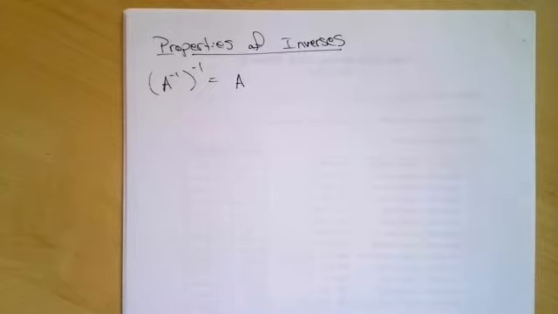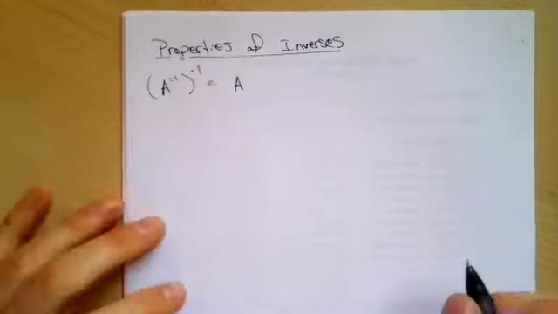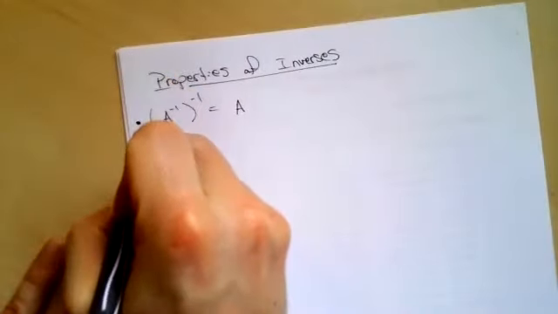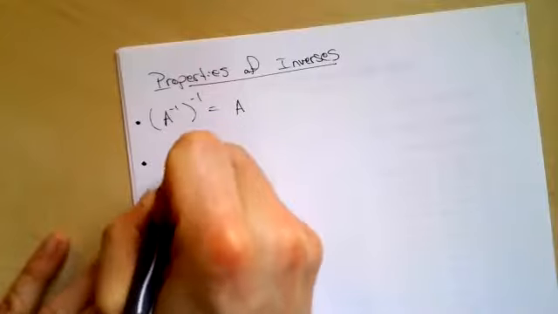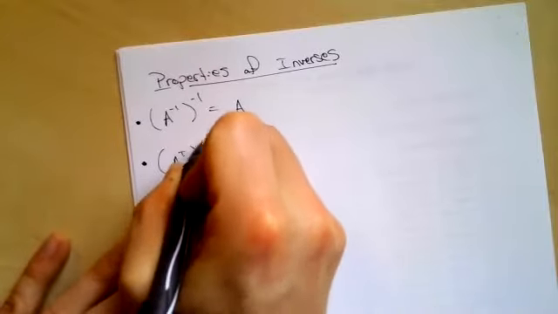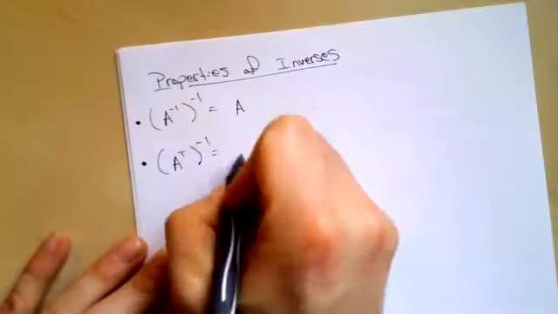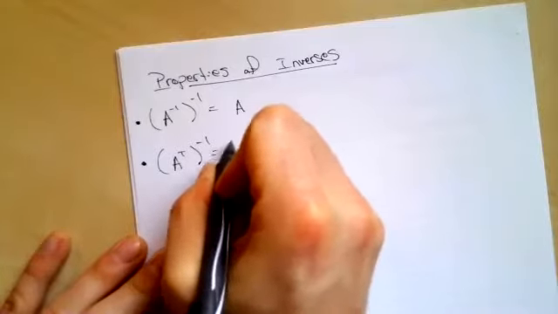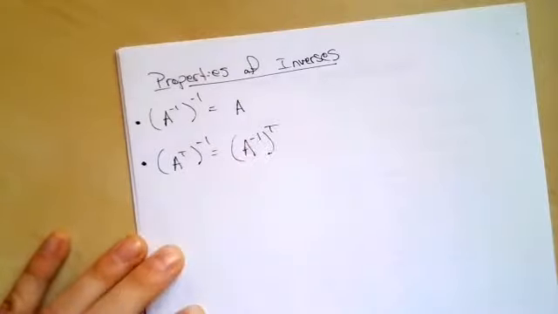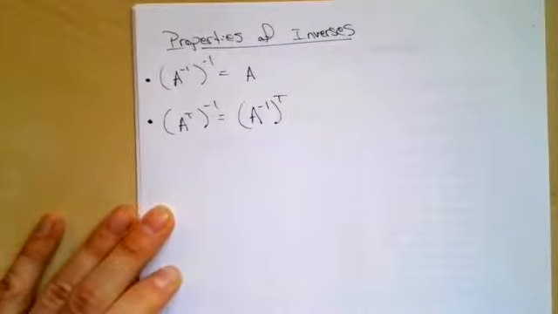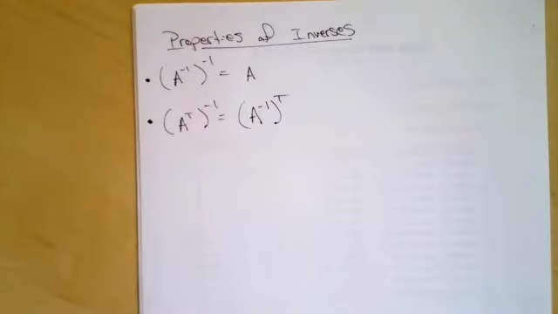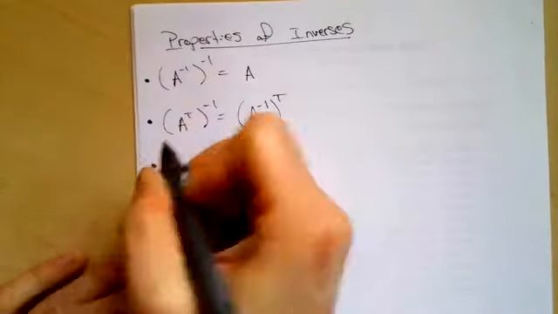The inverse plays nicely with the transpose. Namely that if I take a matrix and compute its transpose and then compute the inverse, it'd be the same as computing the inverse first and then computing the transpose. So both of those play nicely well together.